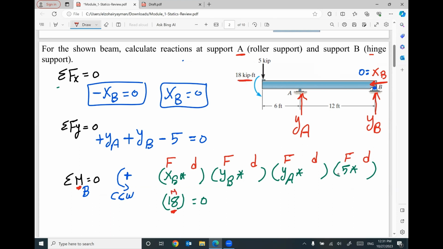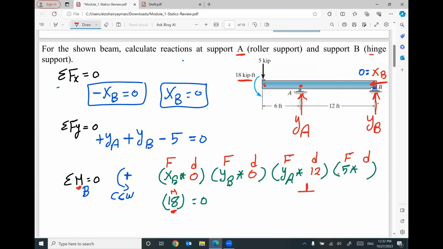Does not need distance. So what is the distance between XB and B? 0. YB and B? 0. YA and B? 12. And keep in your mind, the distance and the force must be perpendicular.